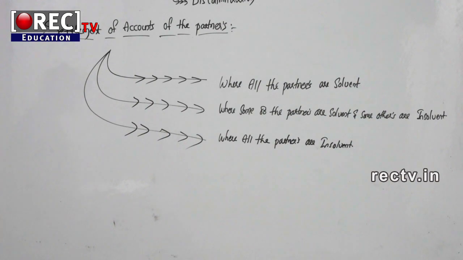Last situation we have seen, that is accounting treatment in case where all the partners are insolvent. So there is no problem in this situation because all the partners became insolvent. When all the partners are insolvent, the firm's assets fall short of its liabilities and the creditors of the firm cannot be paid in full. So the available cash with the firm, that is cash in hand and final dividend received from the partner's estate, is used first for paying realization expenses.